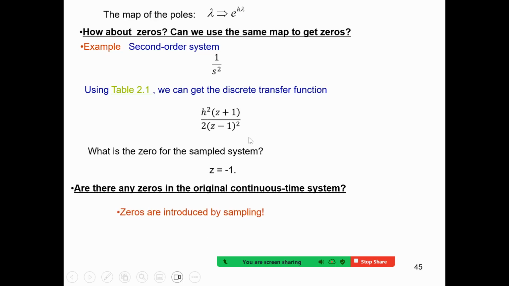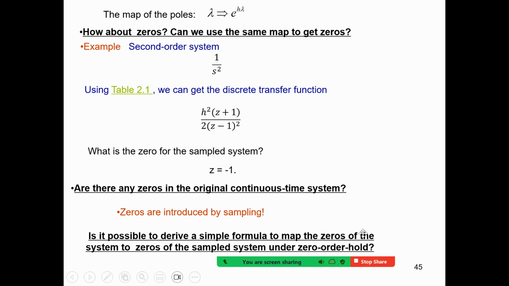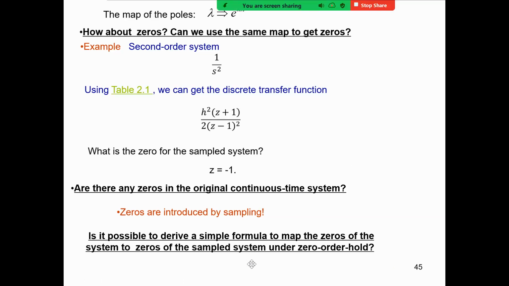You can see for this example, for the continuous time, you have no zero, but for the discrete time, you have one zero, z equals minus 1. Zeros are introduced by sampling. If this is the case, can you tell me, is it possible to derive a simple formula to map the zeros of the system to zeros of the sampled system under zero order hold?